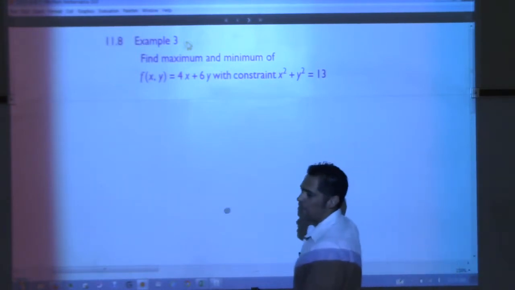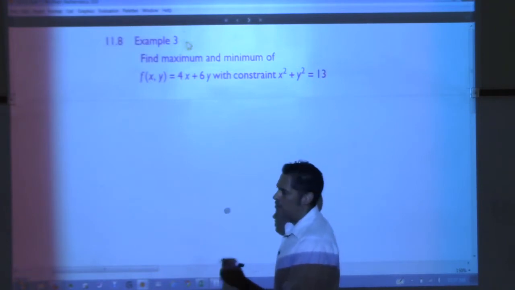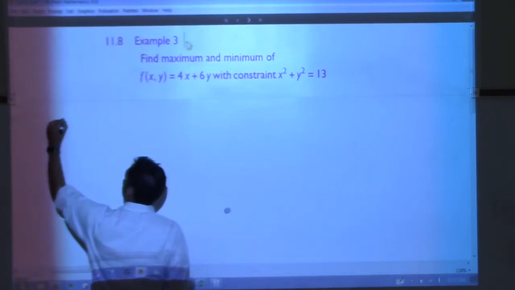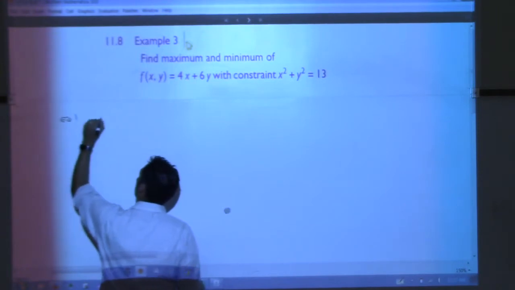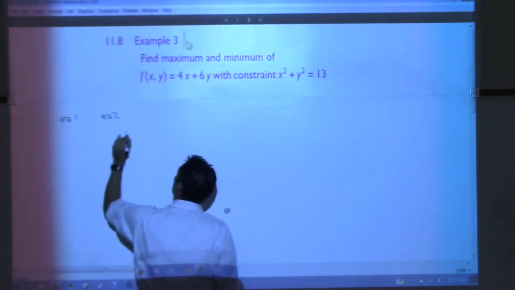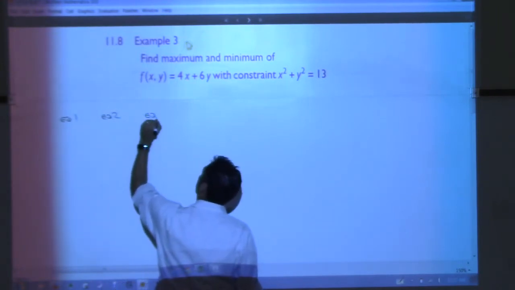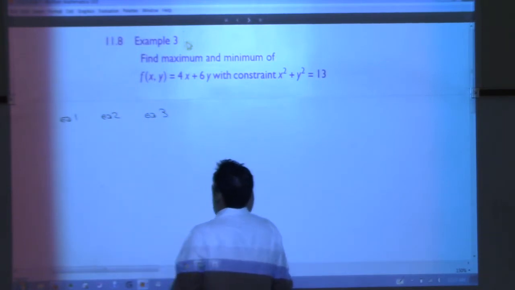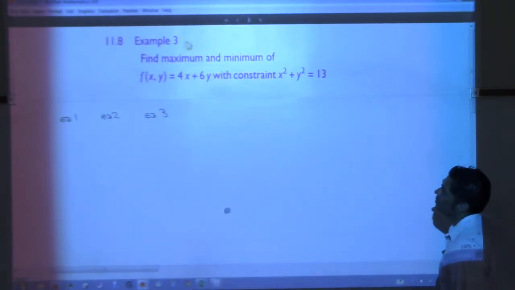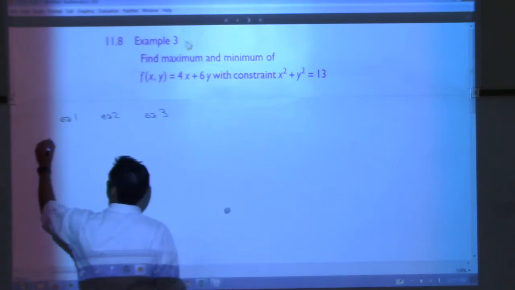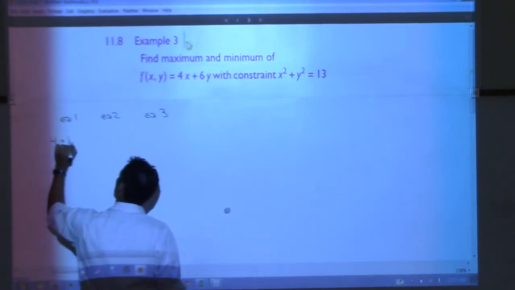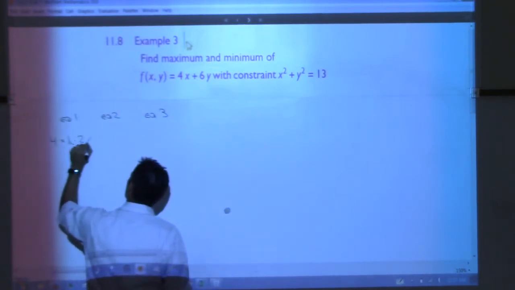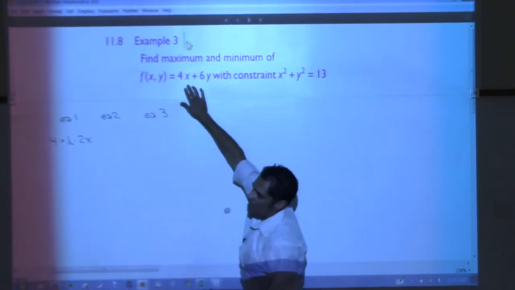All right, let's see if we can set up the three equations without having to write all that other junk down. We have equation 1, equation 2, and then equation 3. What is equation 1? 4 equals lambda times what? 2x. So you're taking the partial of f with respect to x, which is 4.